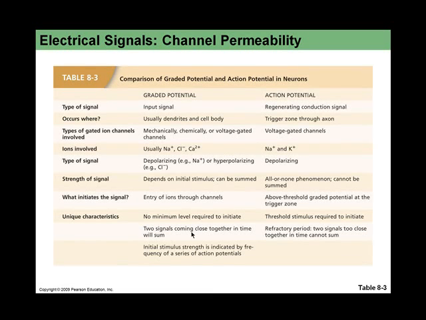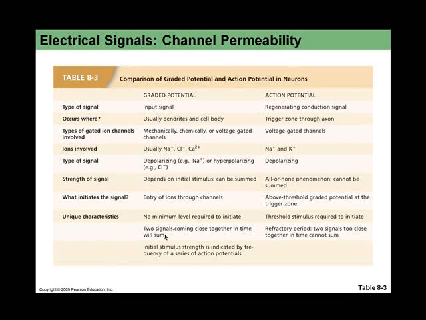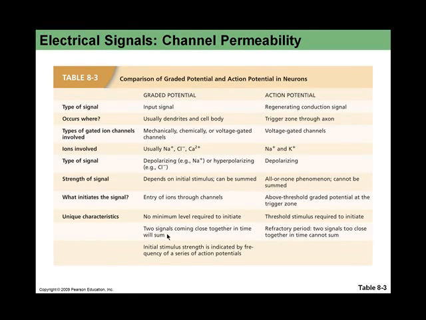So two signals coming close together in time will sum, or in distance, as you know. And then the refractory period is going to be a very important feature of the action potential. So two signals too close together cannot sum.